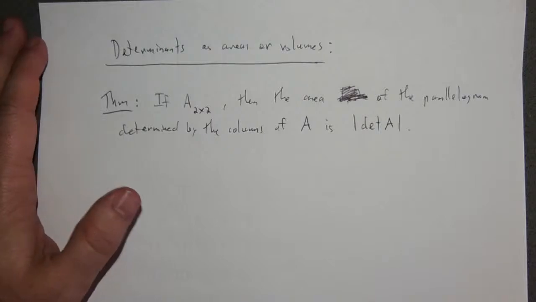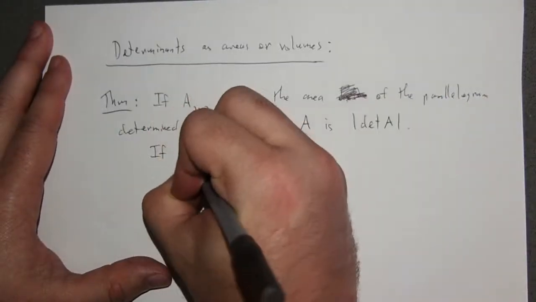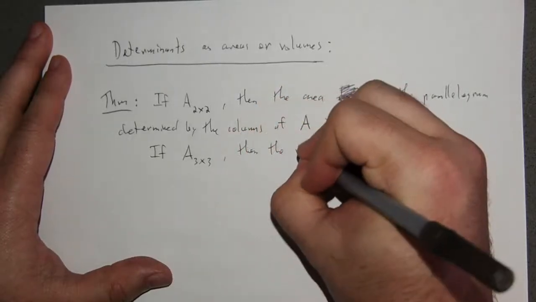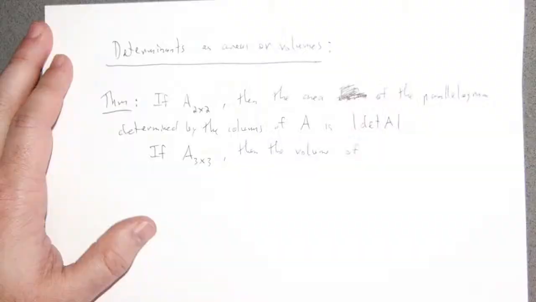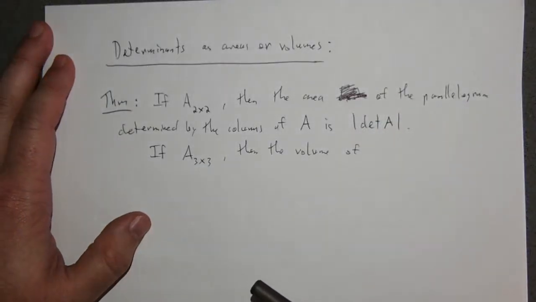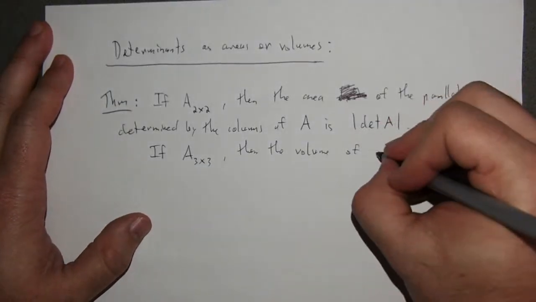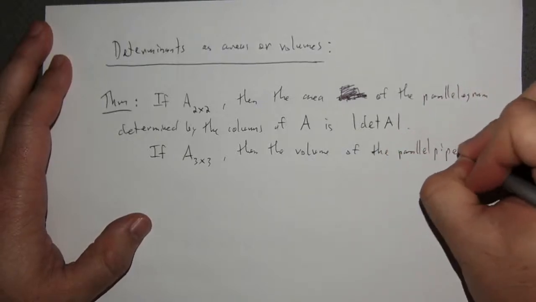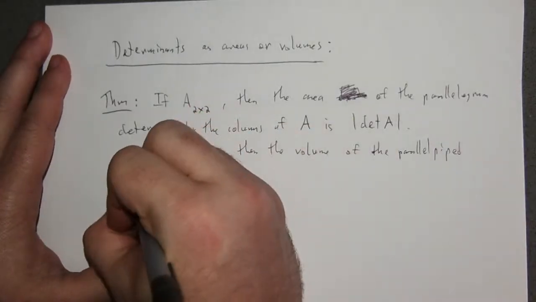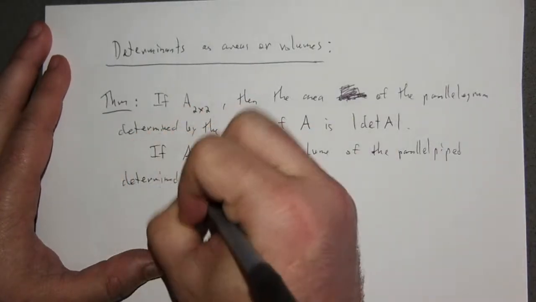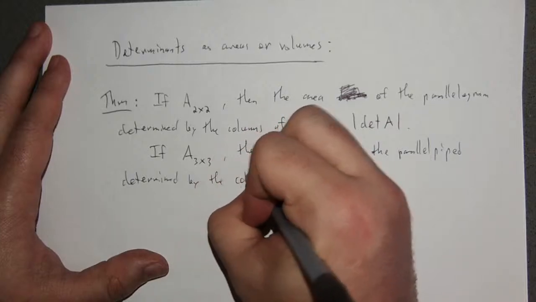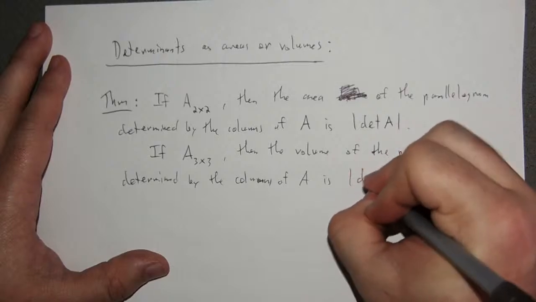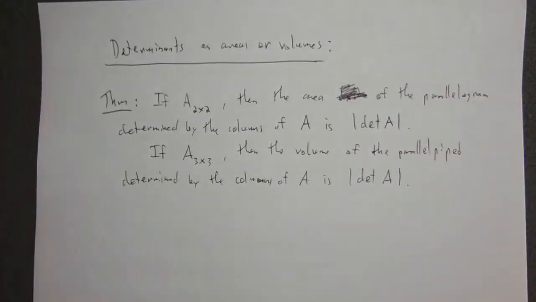Okay. And if A is a 3 by 3 matrix, then the volume of the three-dimensional analog of a parallelogram, which is a parallelepiped, determined by the columns of A is the absolute value of the determinant of A. And why stop there?